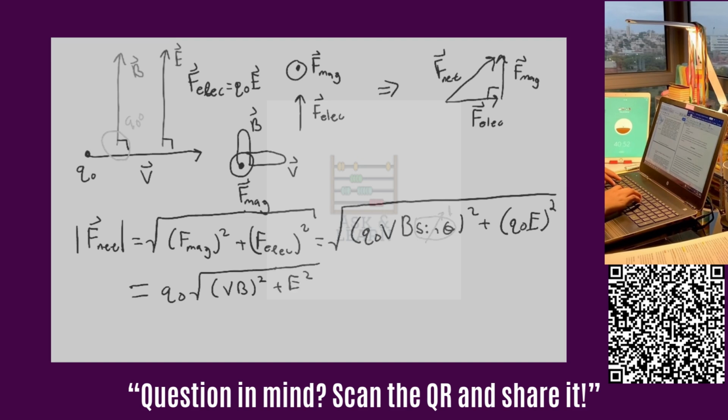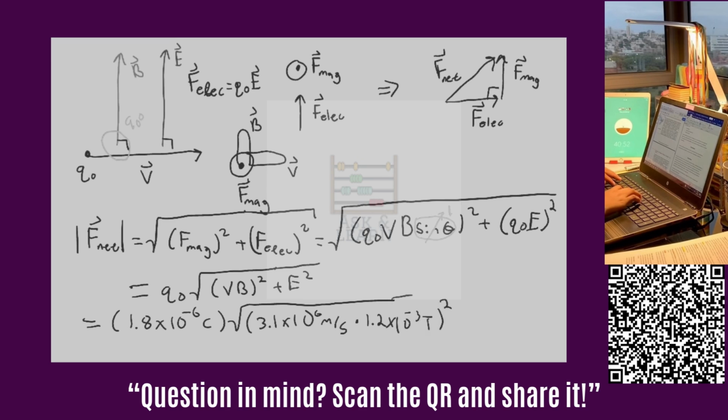So all we have to do now is plug in the numbers we are given. For our charge value, it is 1.8 microcoulombs, so that's times 10 to the negative 6 coulombs, multiplied by the square root of a good bit of things: the velocity of this particle, which is 3.1 times 10 to the 6 meters per second, multiplied by the value of the magnetic field, 1.2 times 10 to the negative 3 Teslas.